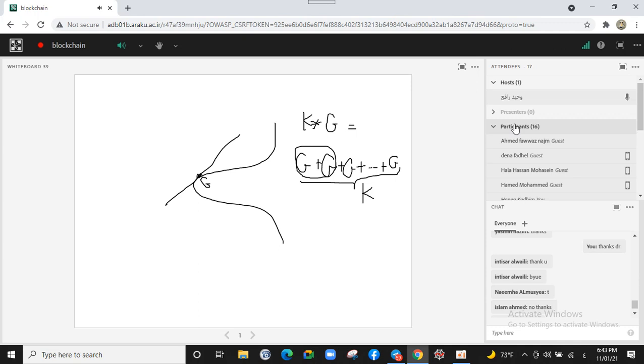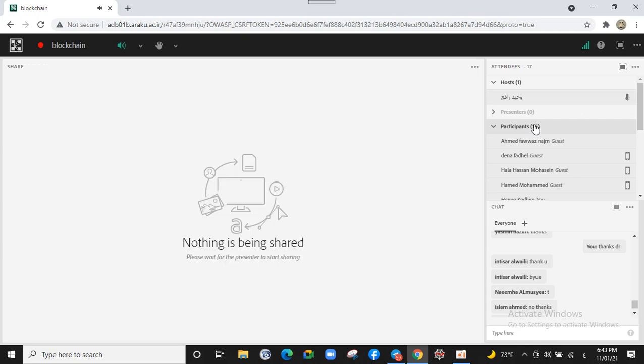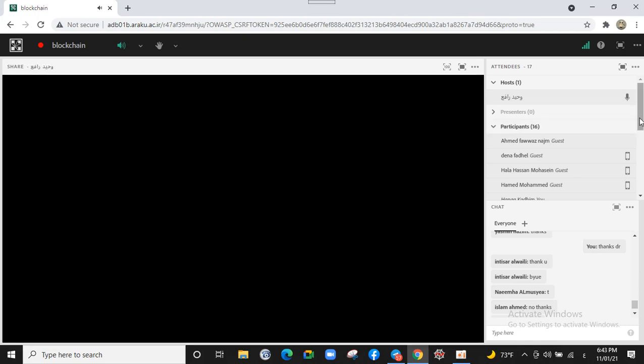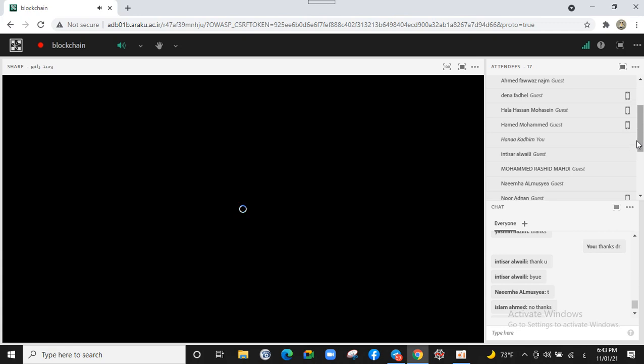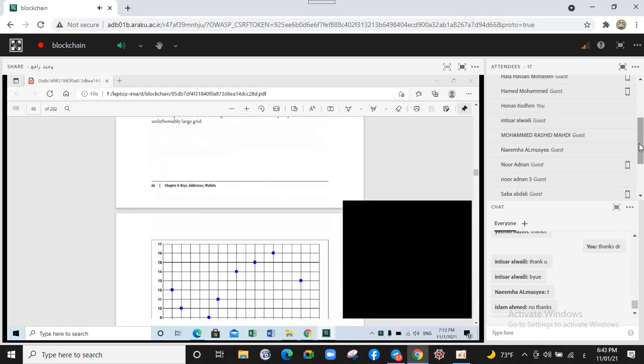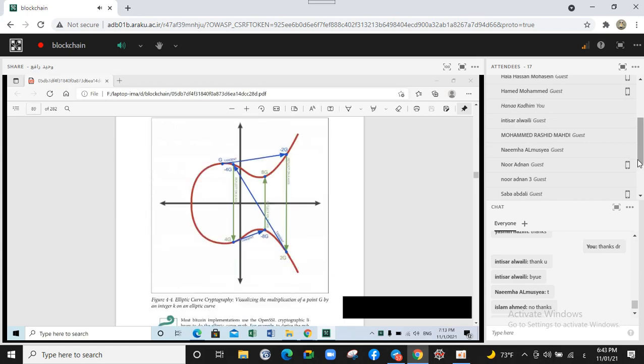As I said, in Arabic it's called, I think, momas. Okay, we should draw this tangent line from point G to calculate G plus G. How? See here, here is G. Then we draw a tangent line to cut the curve in a point like this.